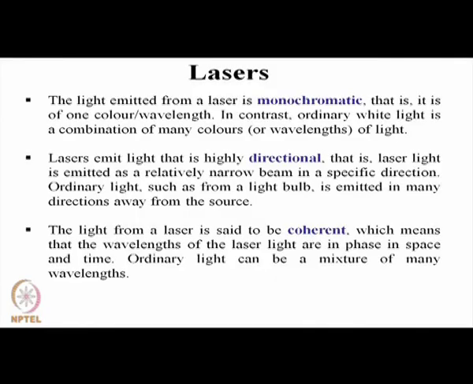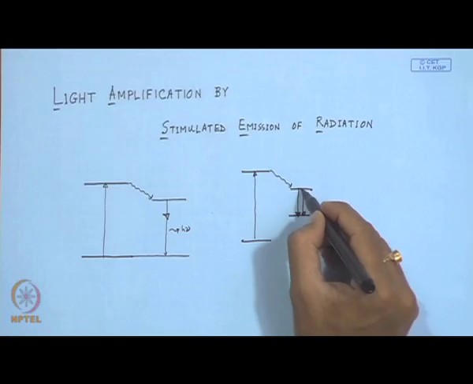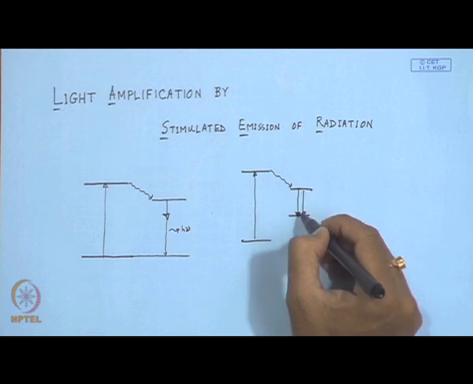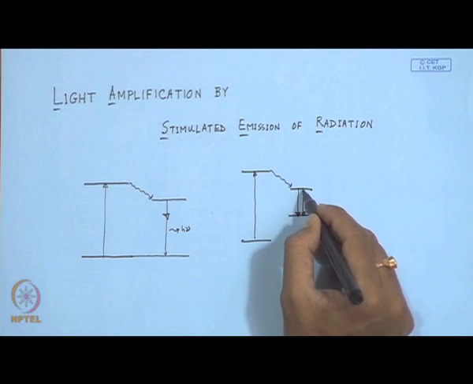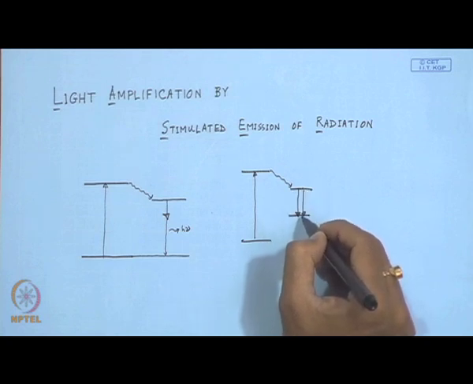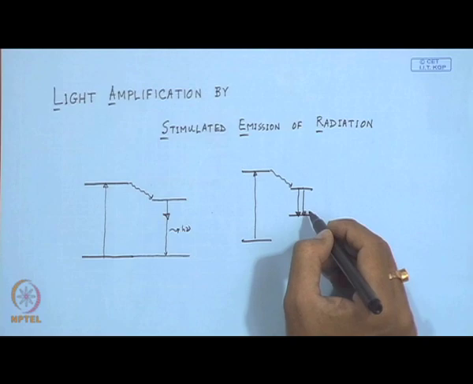But for lasers it is monochromatic, that is, one frequency is there. Why is that? Because lasing occurs between two definite levels, a pair of levels. Therefore, the gap between these two levels is fixed, and we can expect only one frequency.